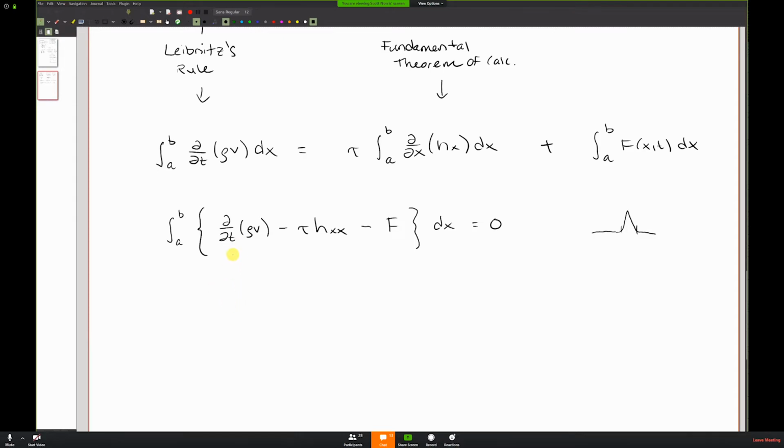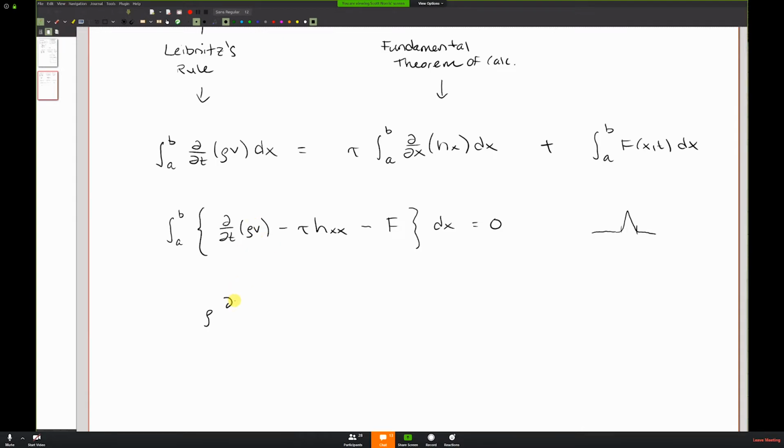And that gives us, I'm going to assume that rho is constant in time. The density of the wire is not changing in time. And so I have here rho, and then what's dv/dt? V is the velocity, that's the derivative of position.